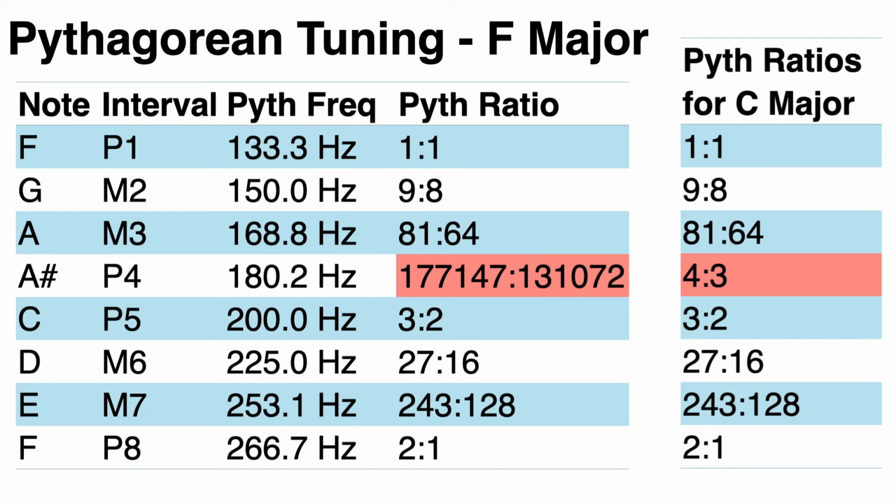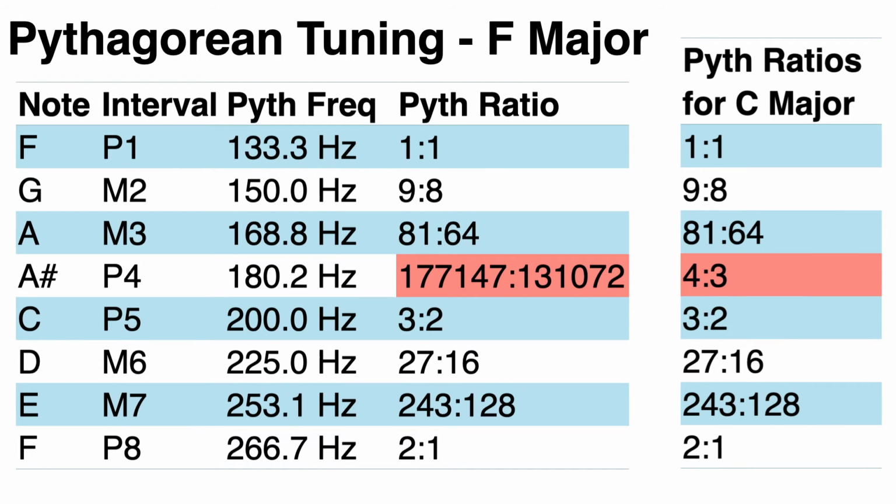Now this note should form a perfect 4th interval with the tonic, the F, and thus create a 4:3 interval ratio. However, because we don't have a B flat, we only have that A sharp, instead of that clean, small 4:3 perfect 4th ratio, we have this really big and ugly interval ratio, which will sound quite dissonant compared to the true perfect 4th.